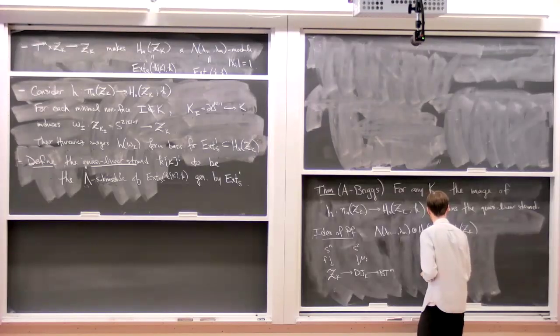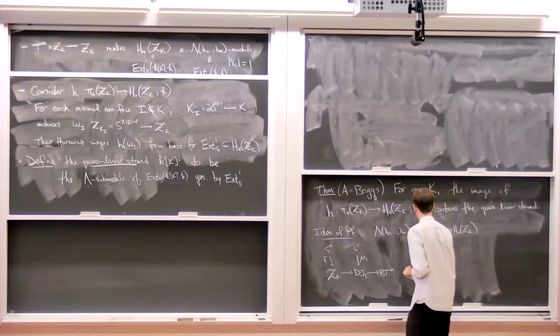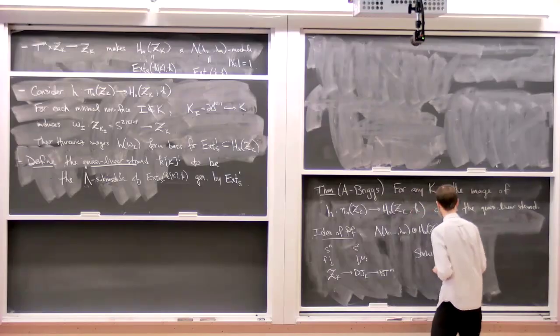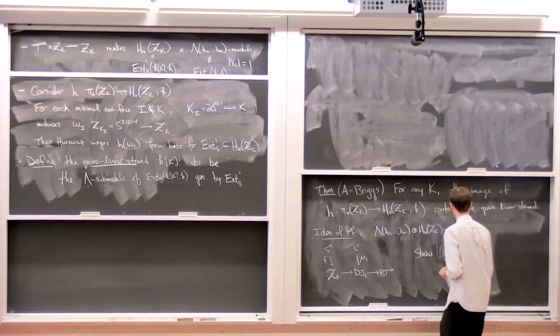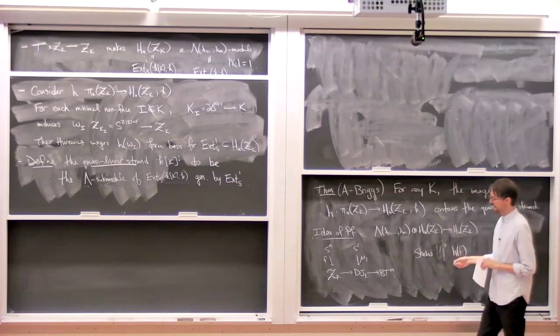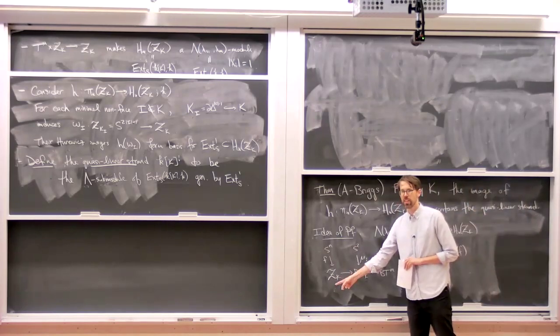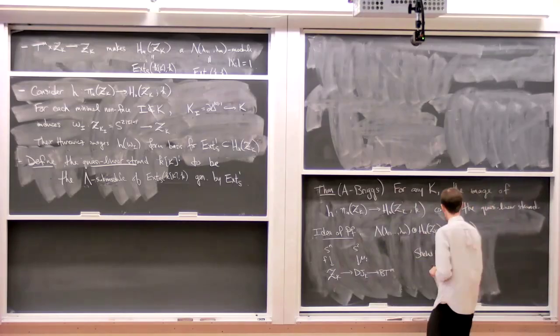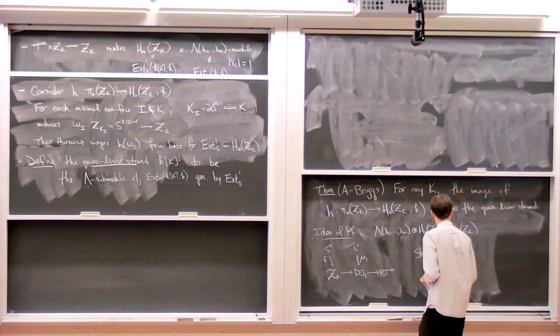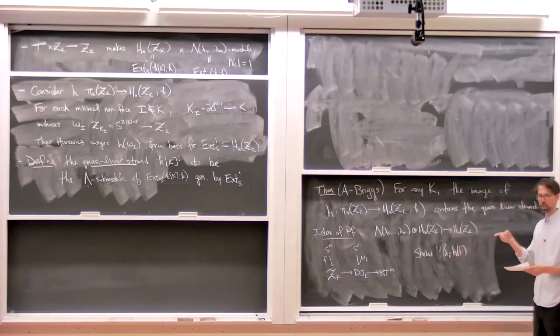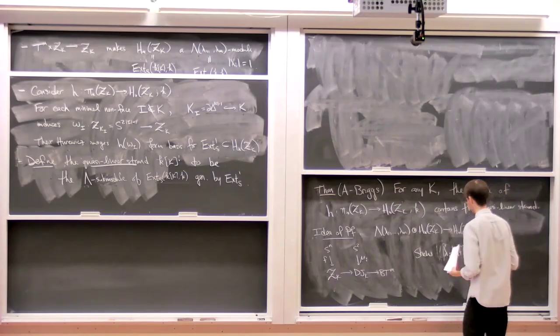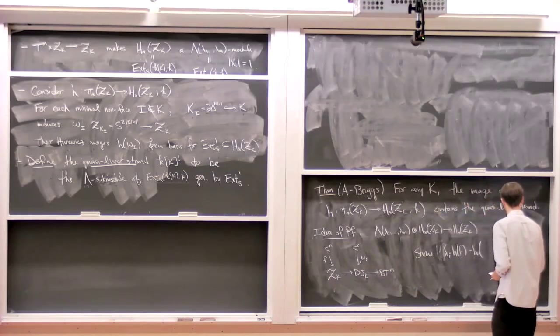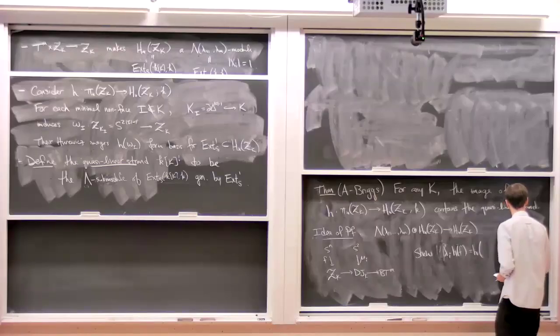So the Hurewicz image of F, that's in Hn of K, right, a degree n homology class. And then if I act by one of these generators like lambda I, that gives me some element in Hn plus 1 of ZK. So we identify that with the Hurewicz image of something in Hn plus 1.